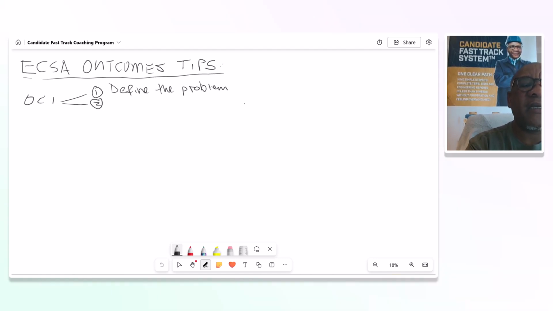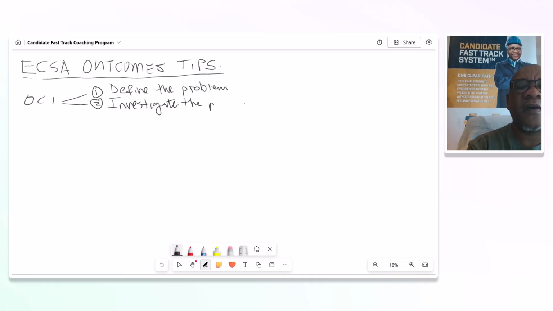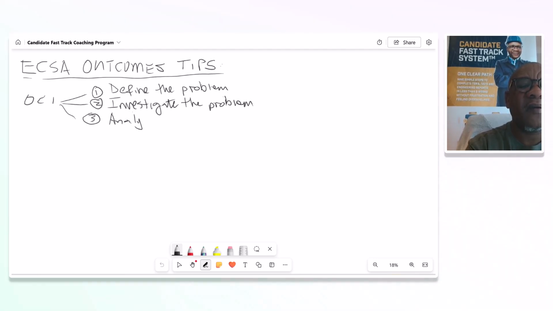Two, you must then investigate the problem. Find out what is the cause of this problem. It's very, very important. And the third thing this outcome is asking for is to analyze the problem.